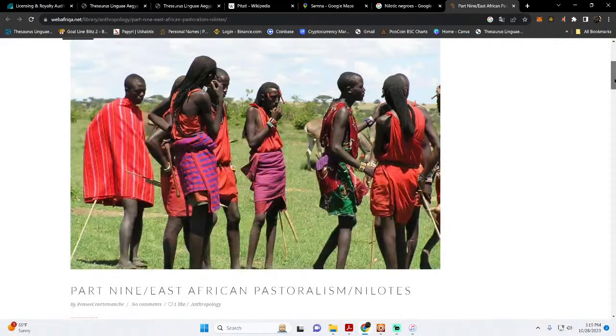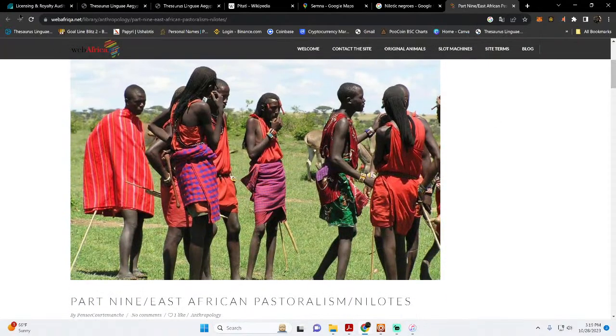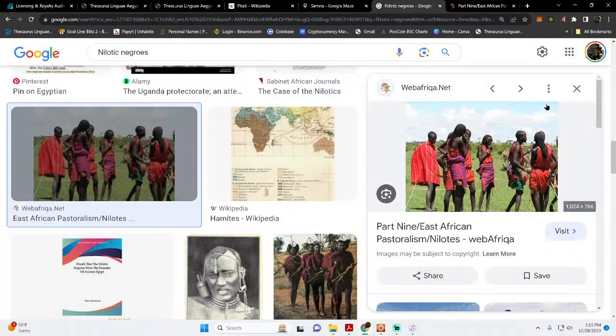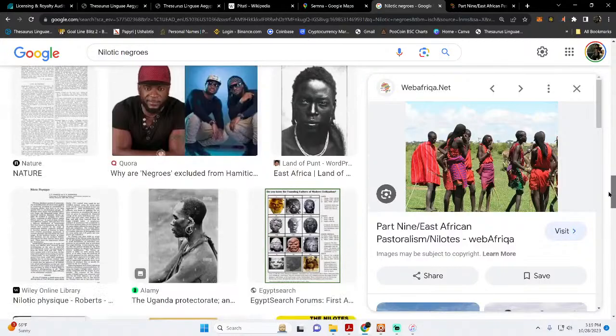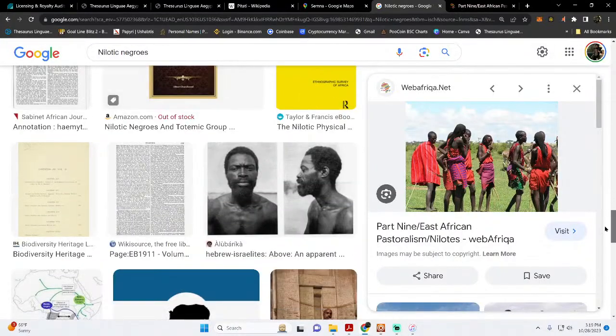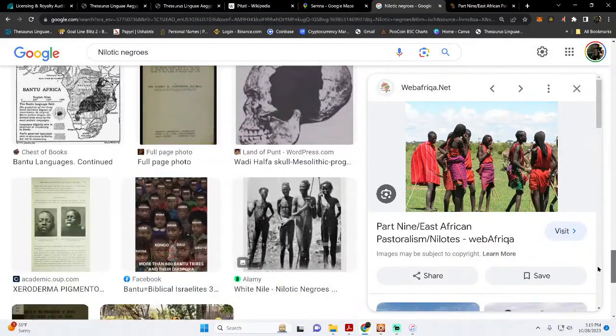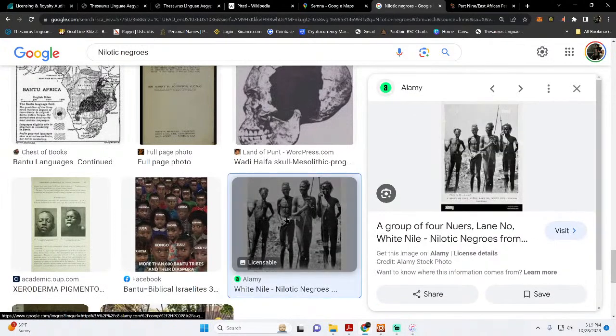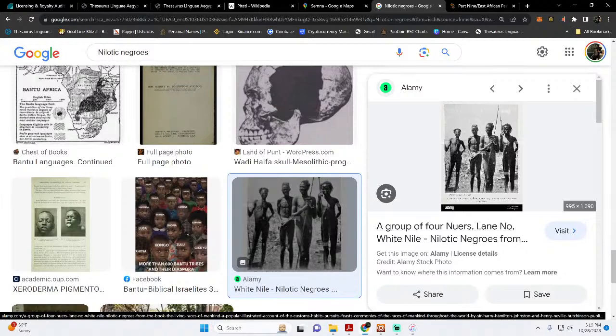So what I'm saying is the hue of some of the darkest, besides certain people in India, the darkest-hued people that the ancient Egyptians knew are considered anthropologically to be Nilotes. Now they call these white Nilotes. This is so funny.